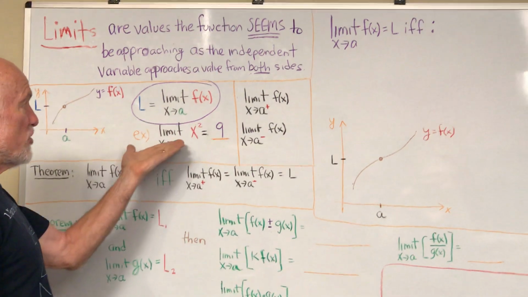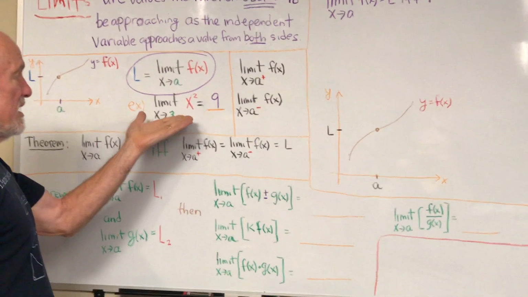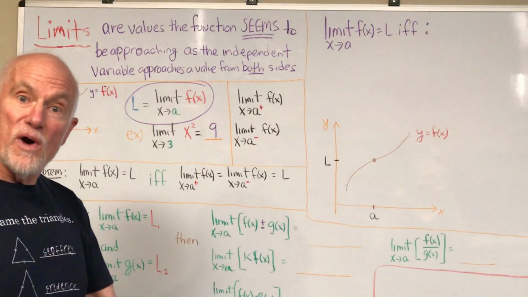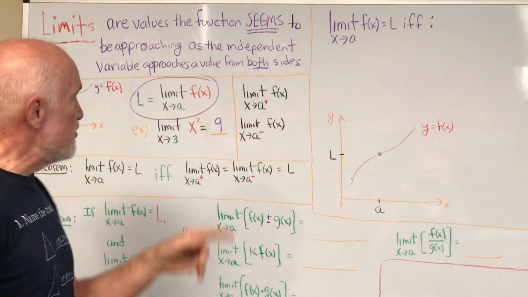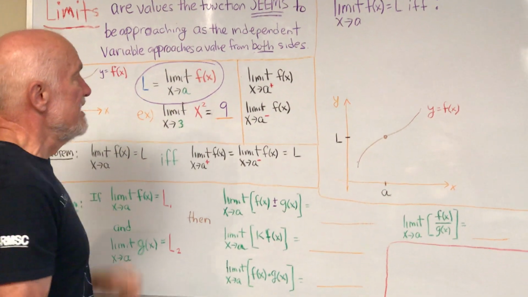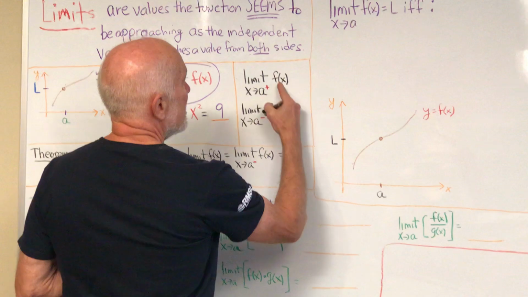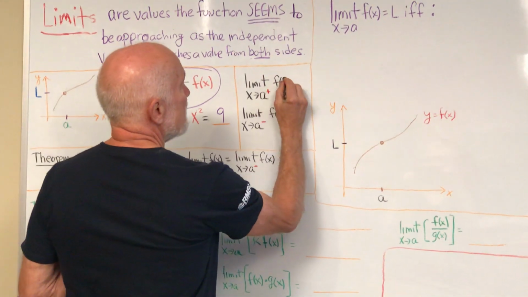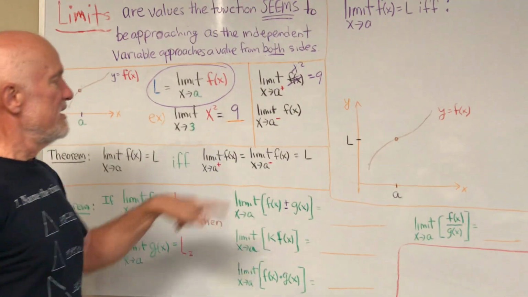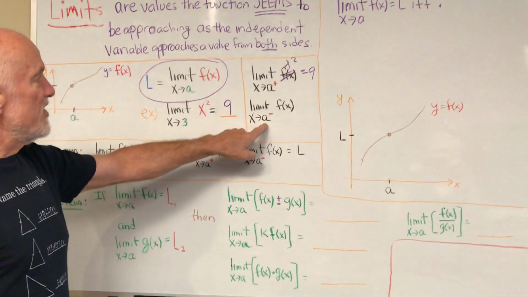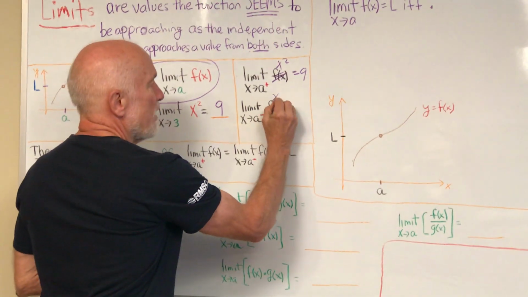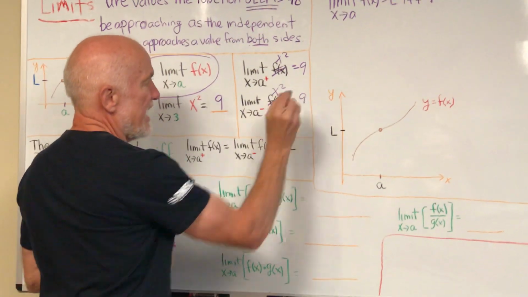Now, as it turns out in this problem, what's to the right of 3? 3.0001. As you approach it from the right, you're getting close to 9. So if this were, instead of f of x, if this were x squared, the answer would be 9. The limit as x approaches 3 from the left, if that was x squared, would also be 9.